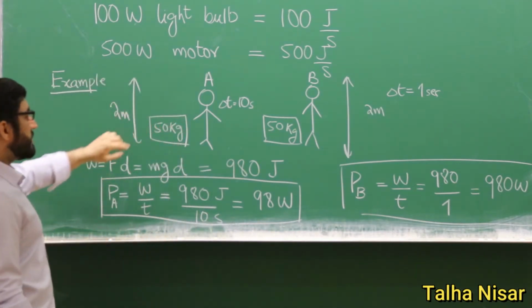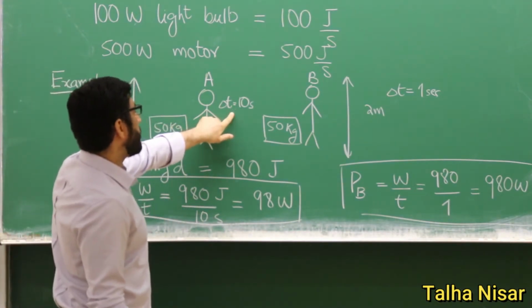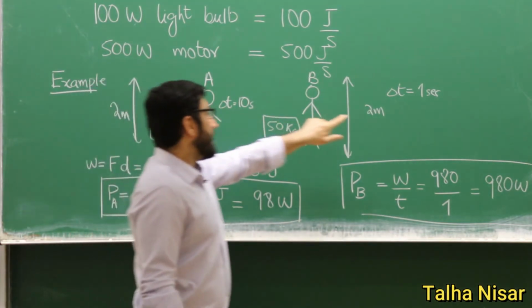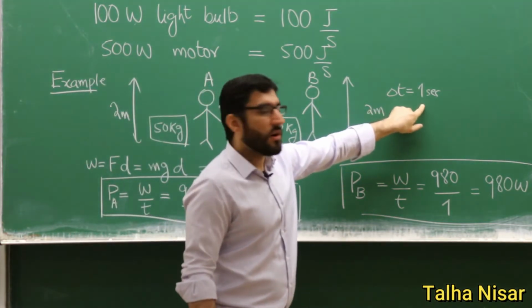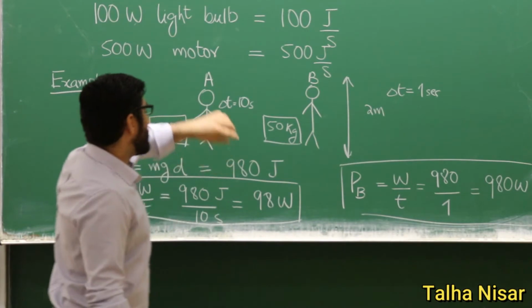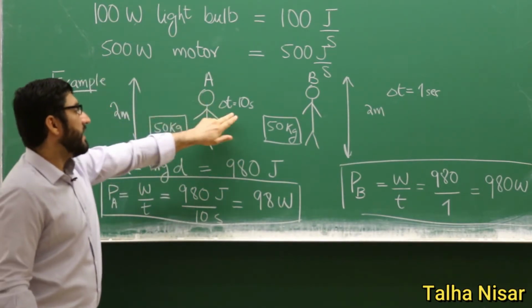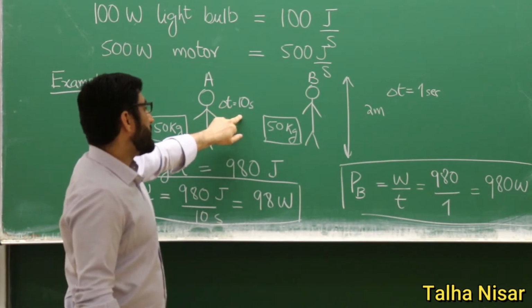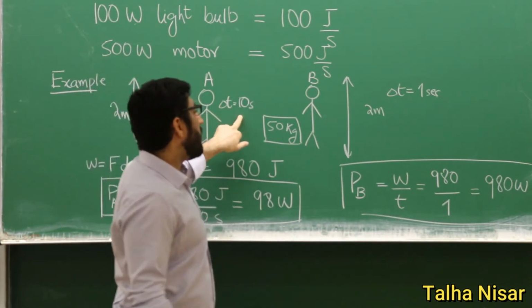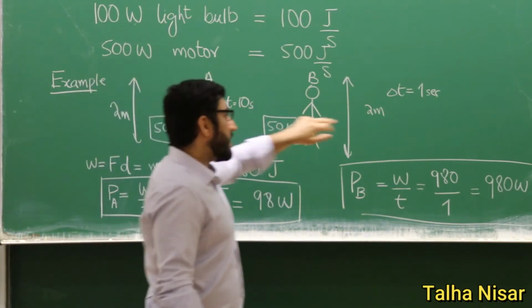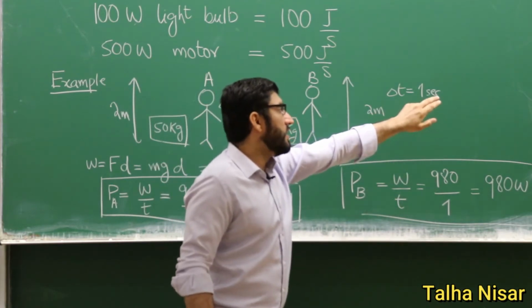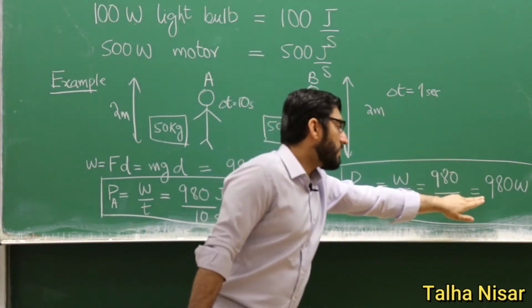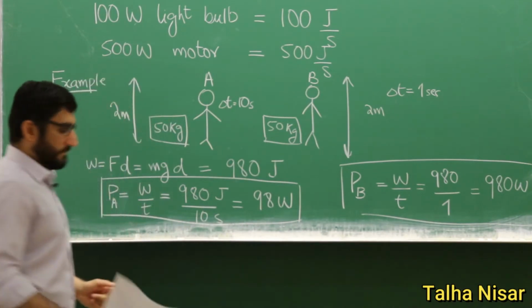But since this person has done the same amount of work in 10 seconds and this person has done the same work in 1 second, this person has less power because it took a longer time, 10 times more time than this person. So this person has more power than this person.